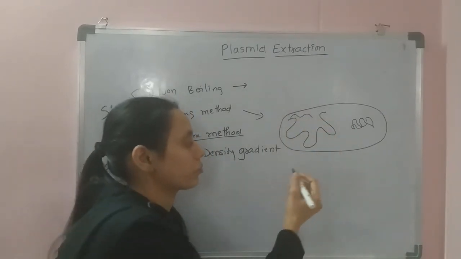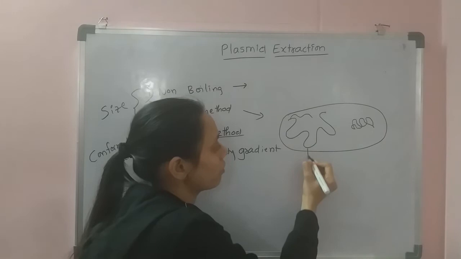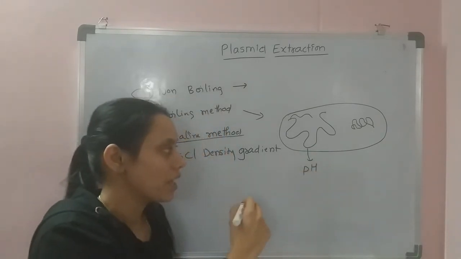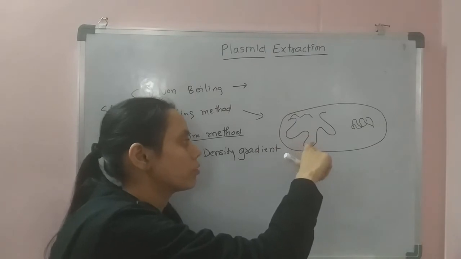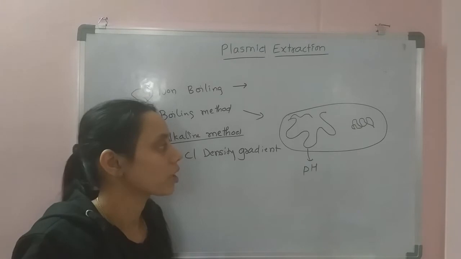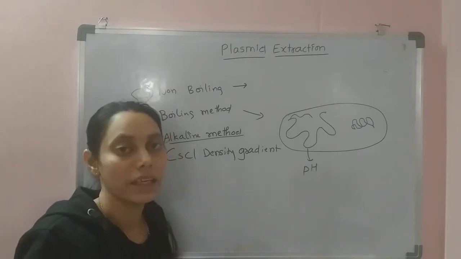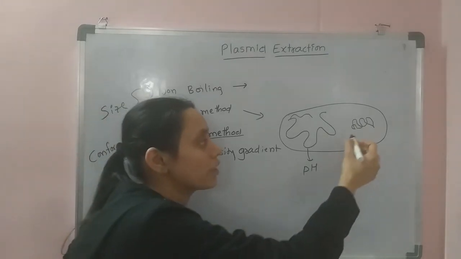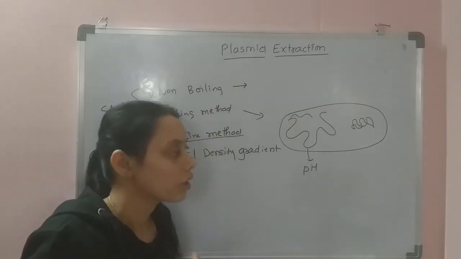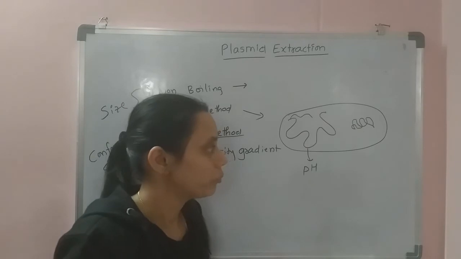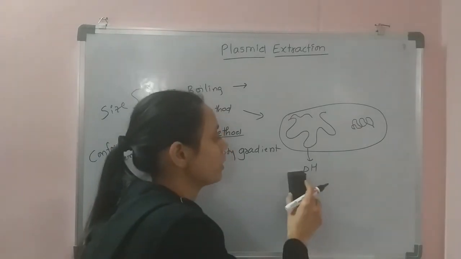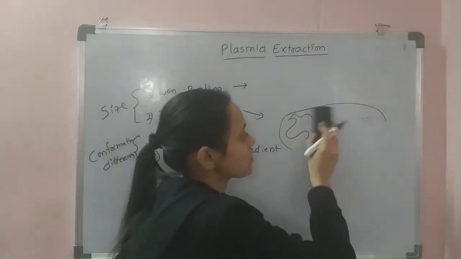So any kind of pH change or pH disturbance makes the genomic DNA easily denatured. But if you increase the pH, it is almost impossible to denature the plasmid DNA. Based on this principle we can separate plasmid DNA.